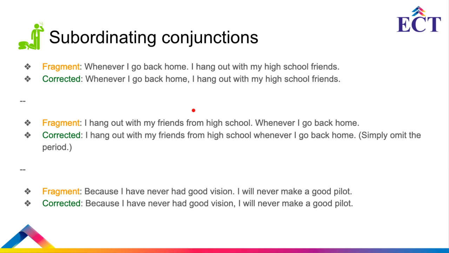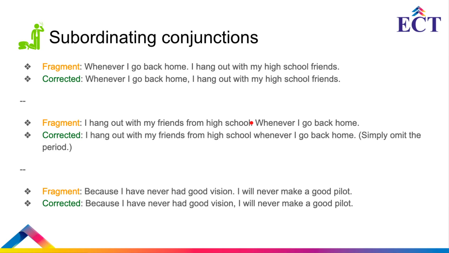For this, I will again recommend you watch that comma rules video. If you put the subordinating conjunction in the middle of the sentence, then the comma is not required. You simply omit the period and you make a complete sentence.